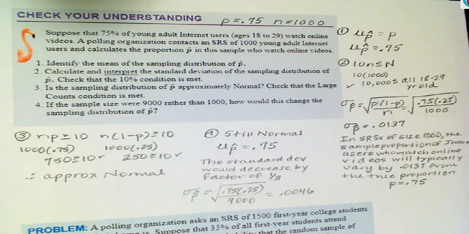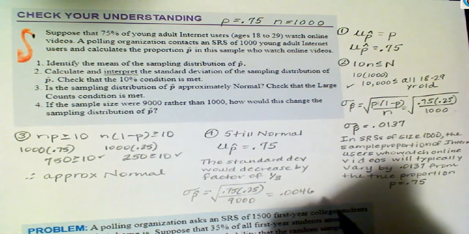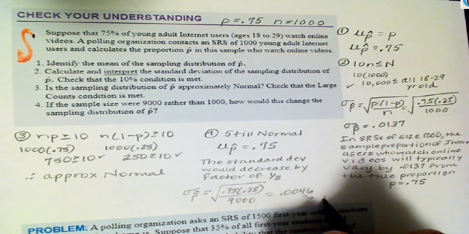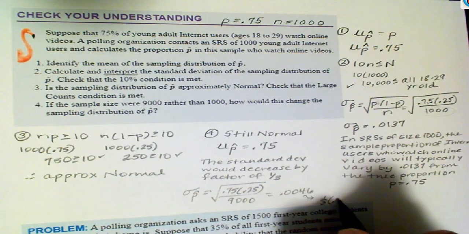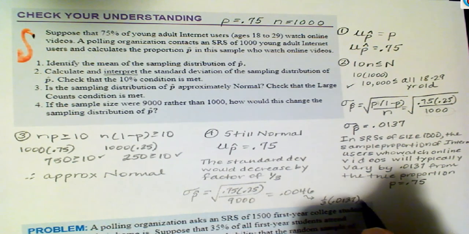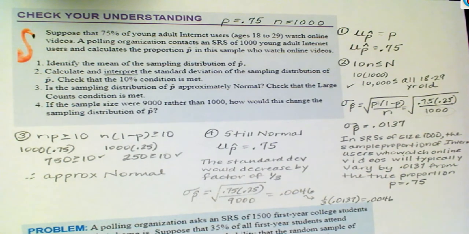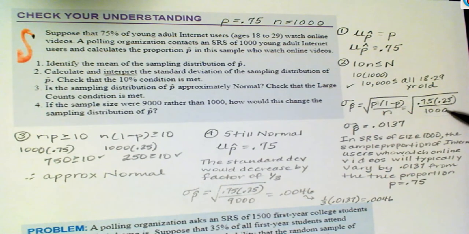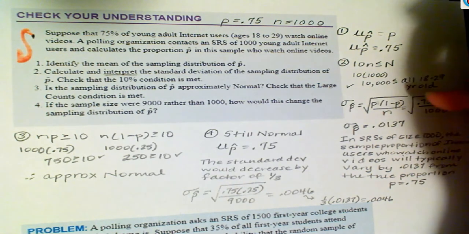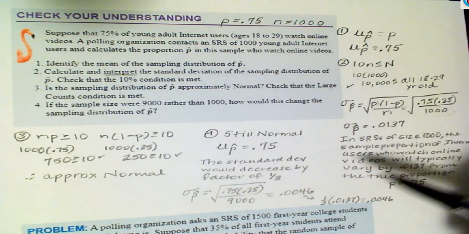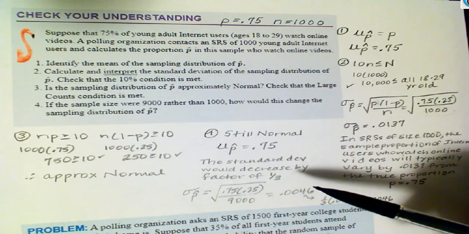Okay, and if you do the math, it's kind of interesting because 1/3 of 0.0137 will give us 0.0046. Okay, so you can kind of figure that out in your head. Hopefully, mathematically, you're multiplying 1,000 times 9, the square root of 9, so you're going to decrease it by that. If you ignore this, the top part stays the same, so you're decreasing it by a factor of 1/3.